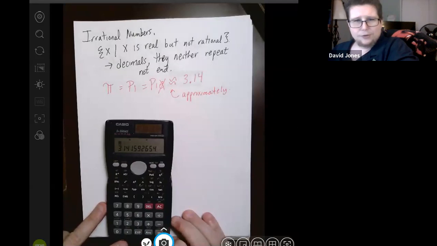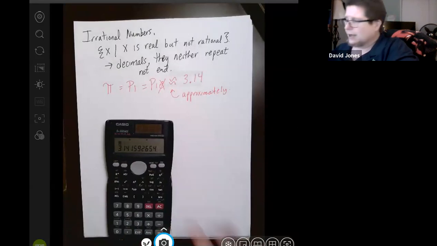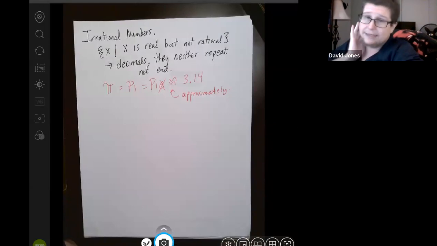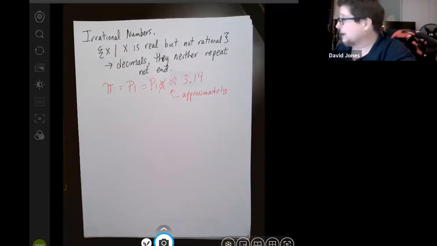Mine only shows 9 decimal places. Pi is an unending number. In fact, they have contests every March 14th, several places in the country, to recite as many digits of pi as you can. And I've seen people memorize 500 digits in a row. It's crazy if you think about it.